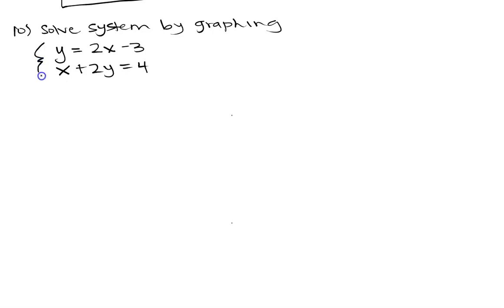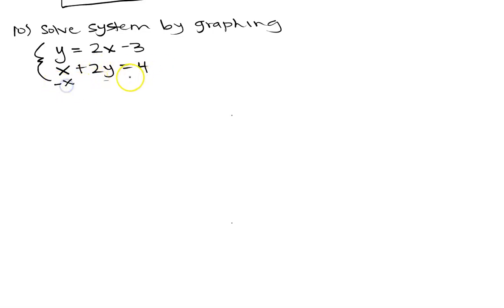I'll put a little squiggly bracket around it just to show you it's a system, that we're graphing these together on the same grid, and we're trying to figure out where the point is that those 2 lines cross. There's more than one right way you can graph these, but I like to get it into y equals mx plus b form. This top one is already in that form, but for the bottom one I need to get y by itself.